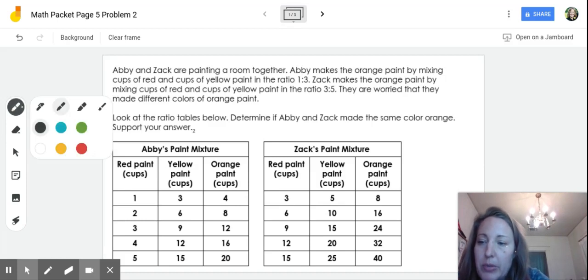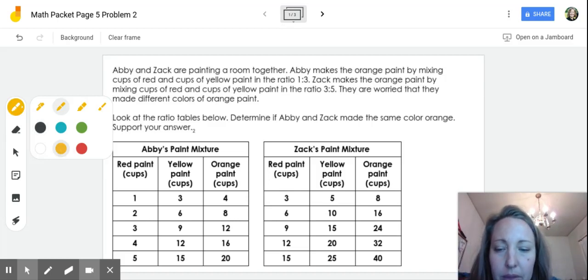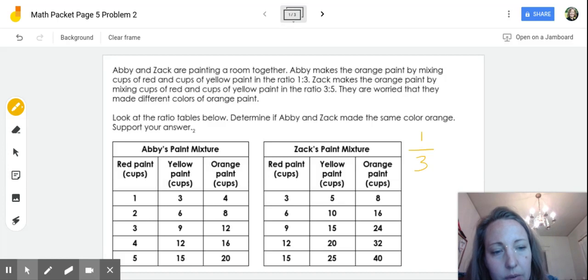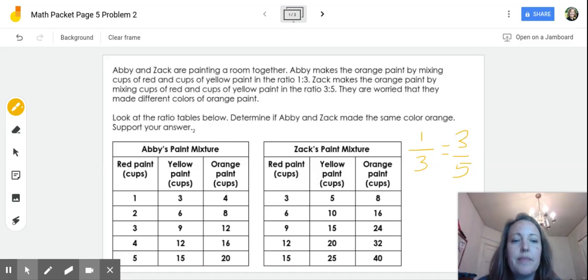So I should choose orange, because that's what we're talking about. That ratio of 1 to 3 is like that. And we're trying to see if that's the same as or equal to a ratio of 3 to 5, which is what Zach has, right?